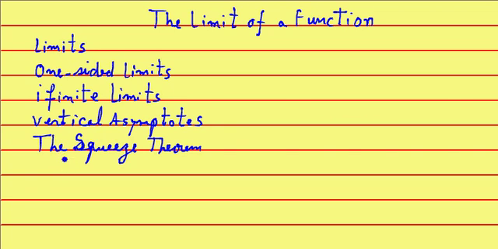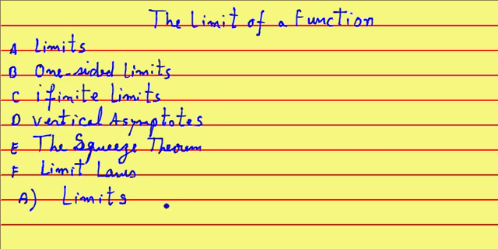And the last item for today would be limit laws. Okay, so I have items A, B, C, D, E, and F. Okay, first one, we're going to talk about limits.